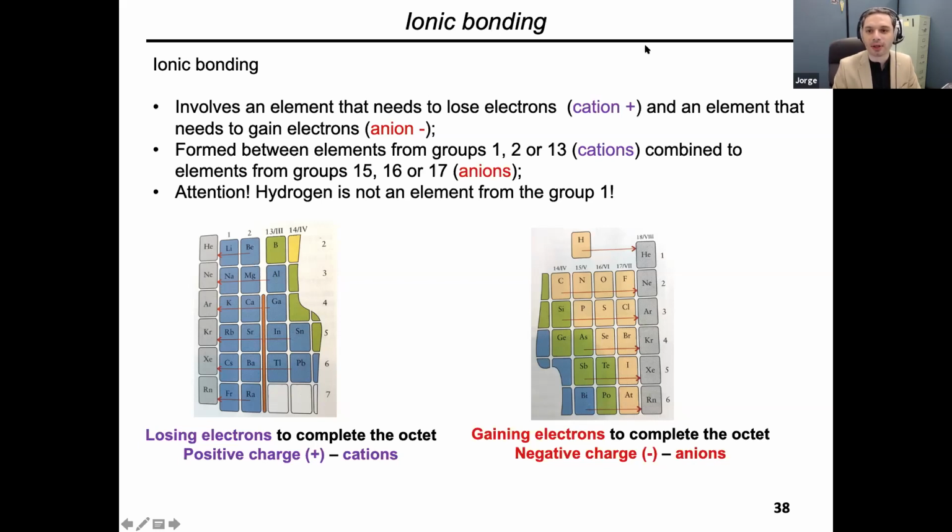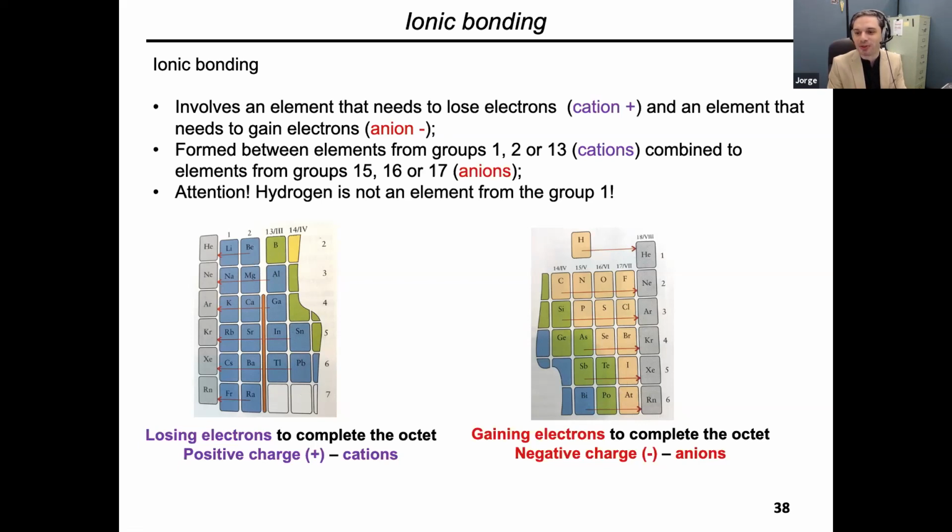Okay, so I have a question here. Dennis, why does hydrogen not belong to group 1? Okay, so this is a good question, and it's still a matter of debate. Hydrogen shows some properties that are similar to group 1, but other properties that are similar to group 17.